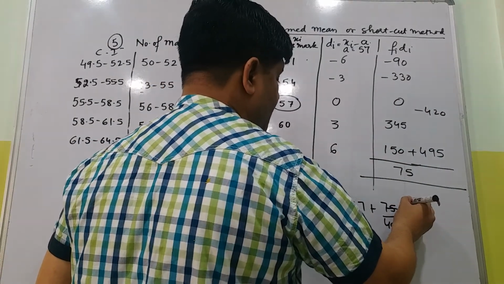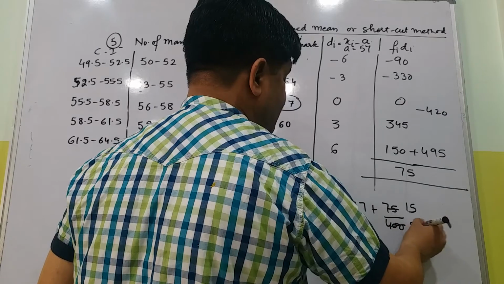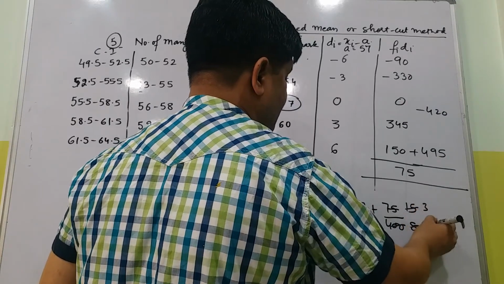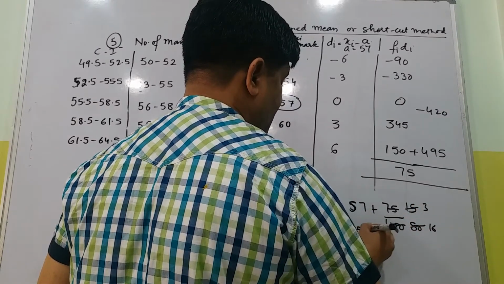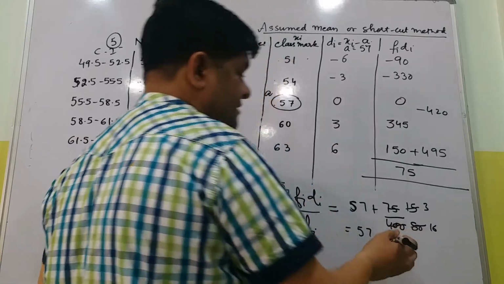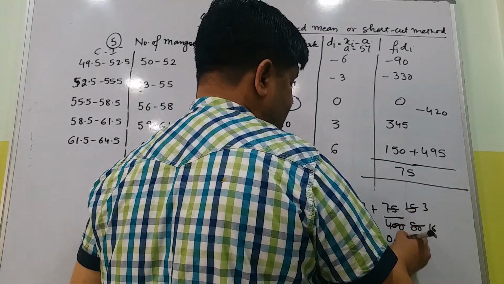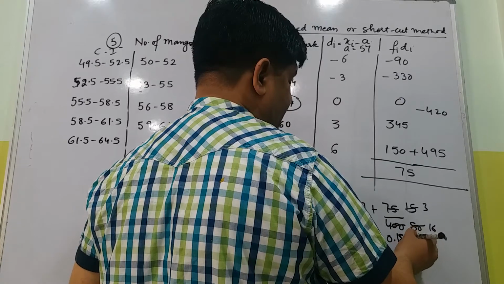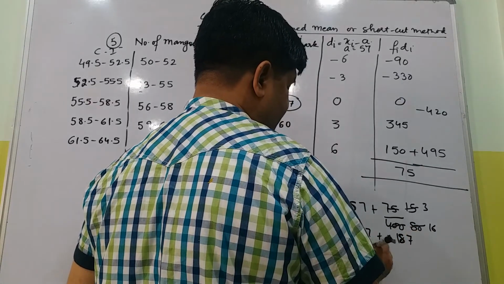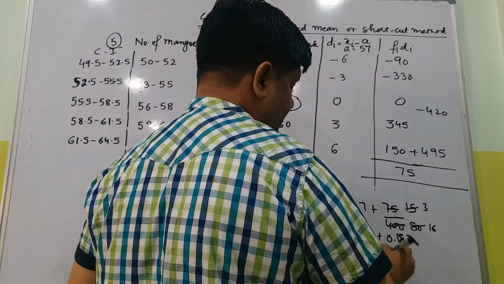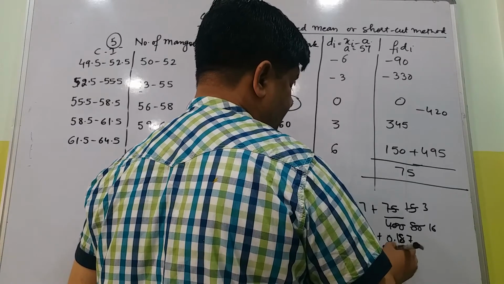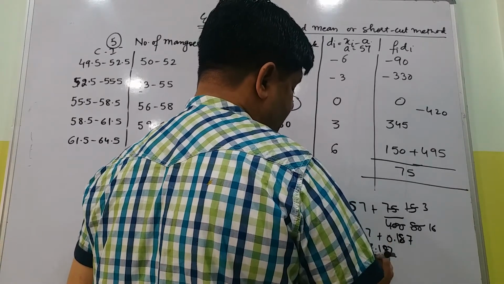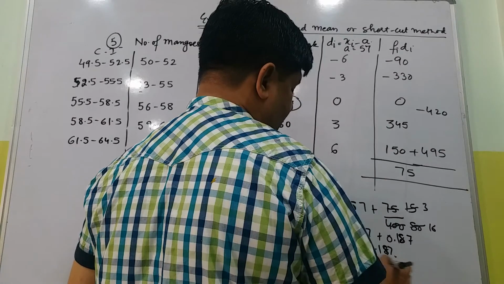5 15s are 75, 5 80s are 400. 16 1s are 16, 16 8s are 128. So the ultimate answer is 57.187, approximately 57.19.